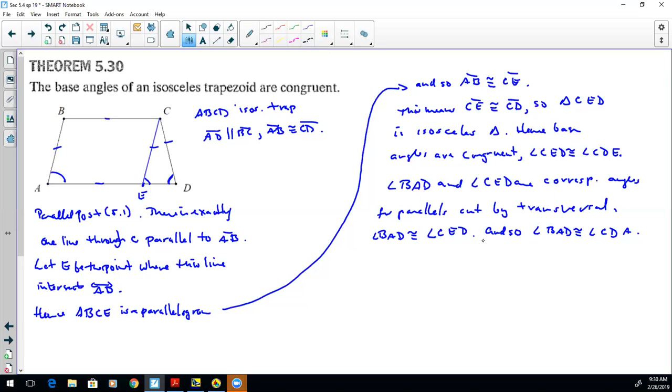Okay. Similar argument works at the top. So it would show that angle ABC is congruent to angle DCB. Okay, so base angles are congruent.